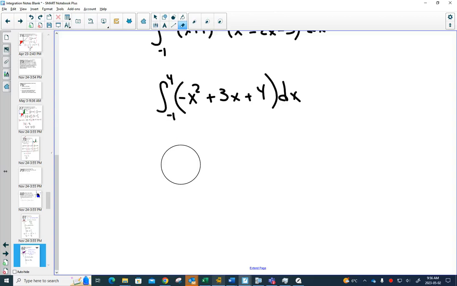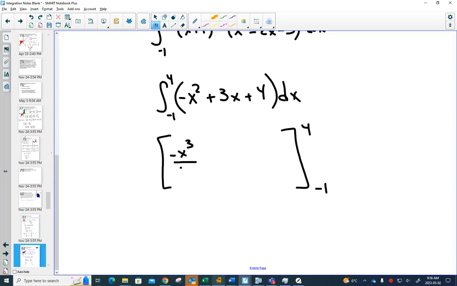Square brackets from -1 to 4, negative x cubed over 3 plus 3x squared over 2 plus 4x.